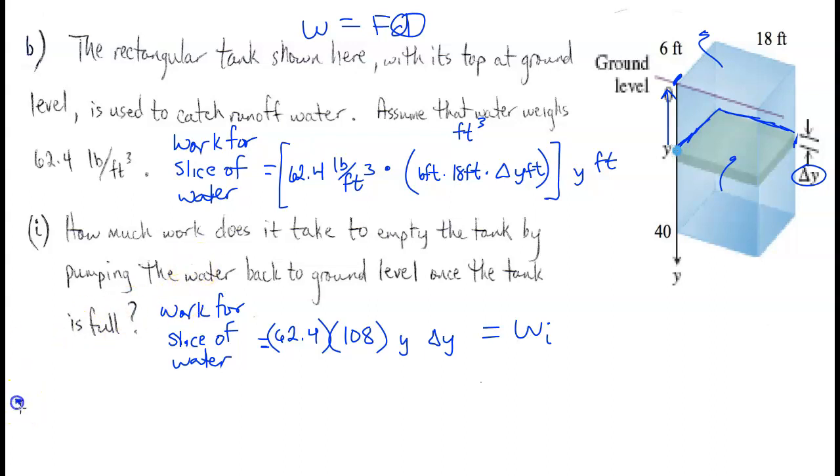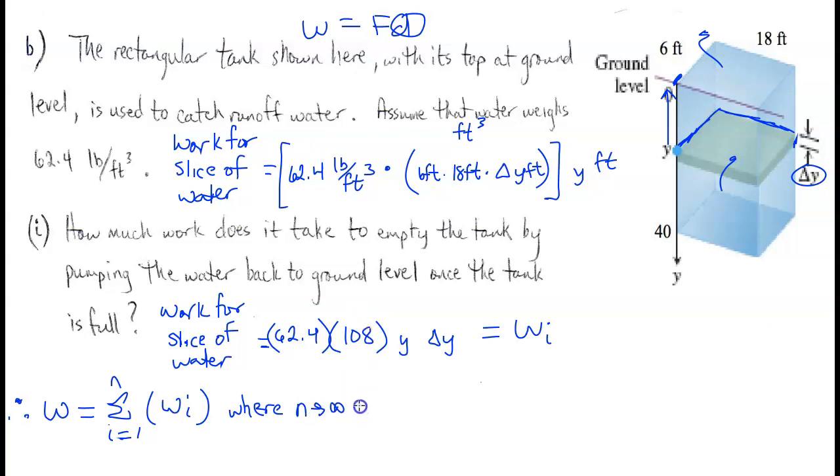So here, what I'm trying to get at is that the total work here, which we call W, is just going to be the summation of all of these W sub i's, where the number of slices that I'm going to have is going to go towards infinity.